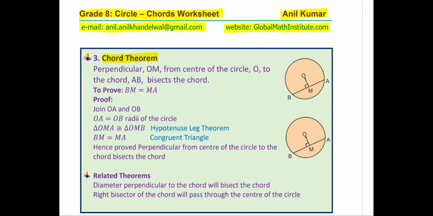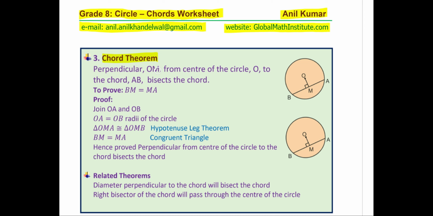You see a circle here in the diagram with center O. The chord is AB. The line OM is perpendicular to the chord. So we are going to discuss this type of a situation in this video. So let's understand what is written here.